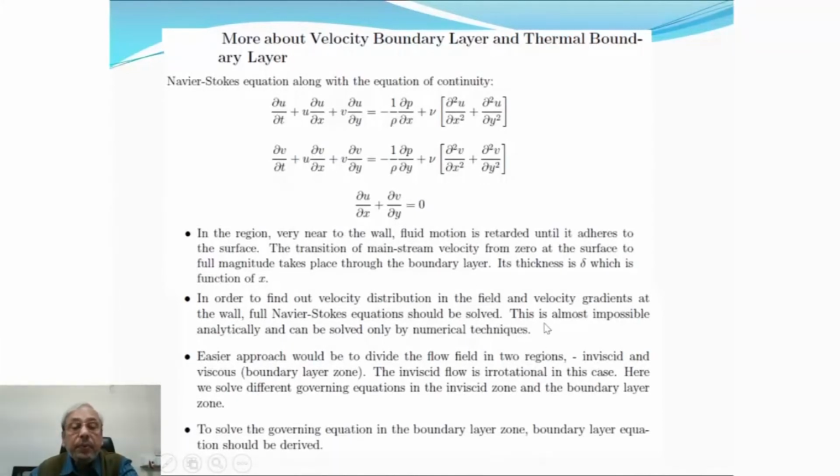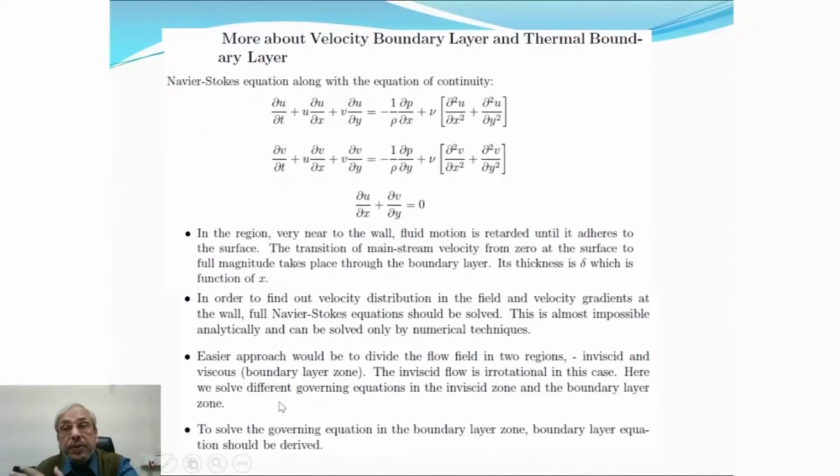So an easier approach would be to divide the flow field into two regions, inviscid and viscous region. The inviscid flow is irrotational in this case, and we solve different governing equations in the inviscid zone and the boundary layer zone.